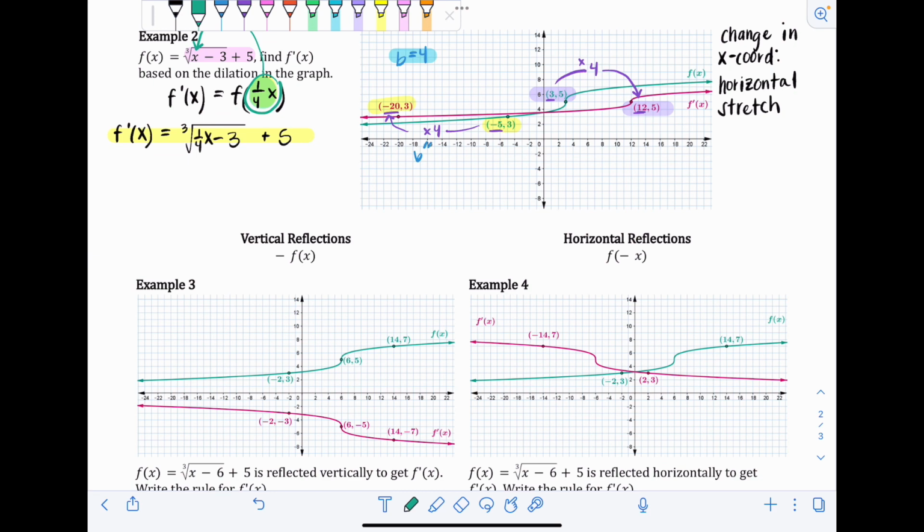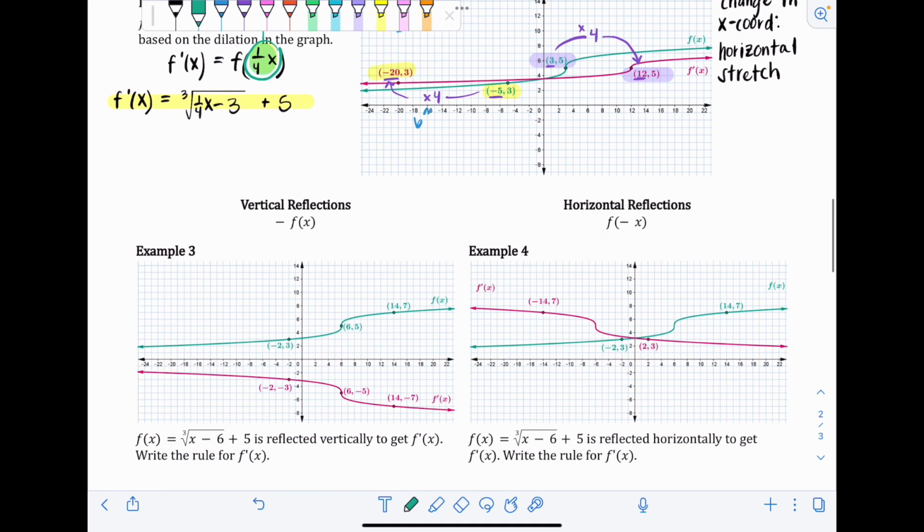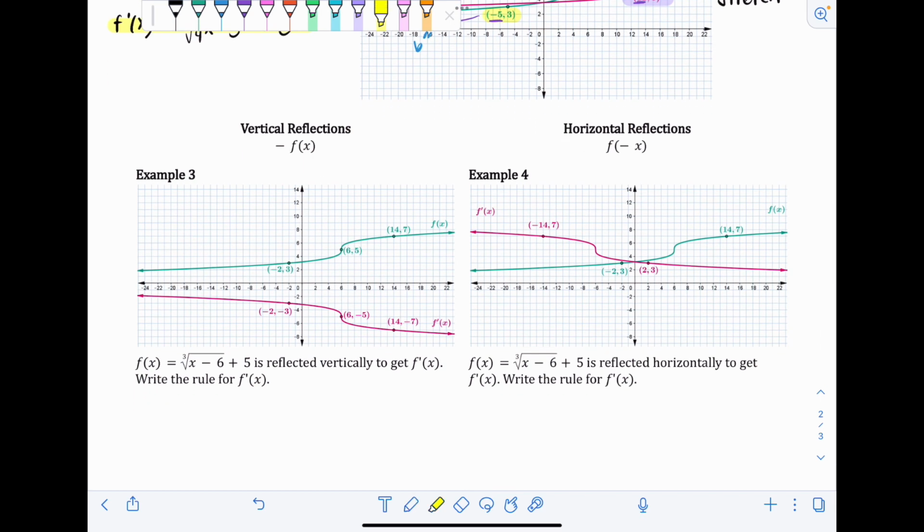Okay, so moving down to vertical and horizontal reflection. Vertical reflections are a reflection over the x-axis, which basically means that you make the y values the opposite sign. You can even see that in example 3. Like 6/5 became 6/-5, and 14/7 became 14/-7.